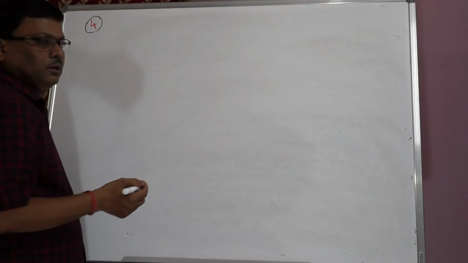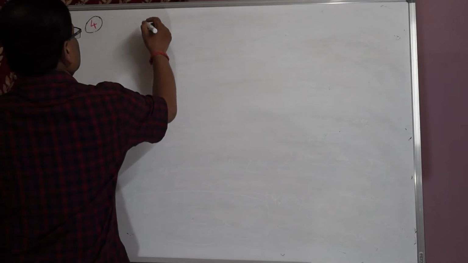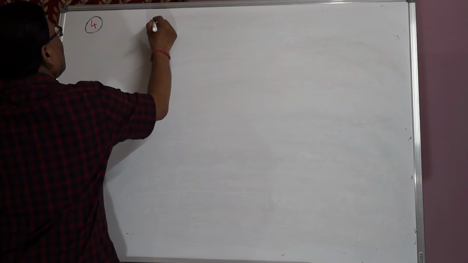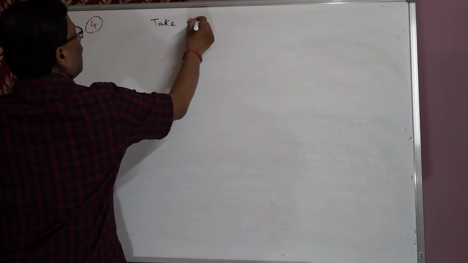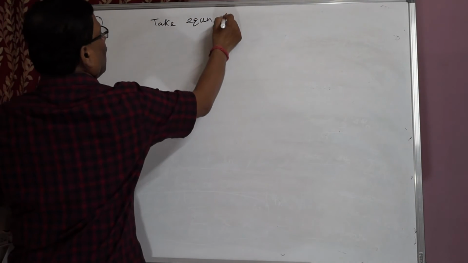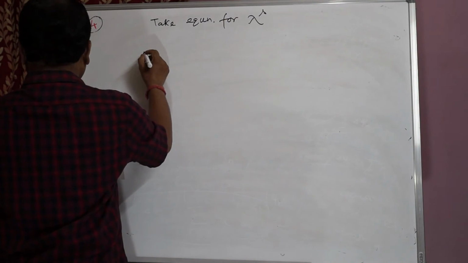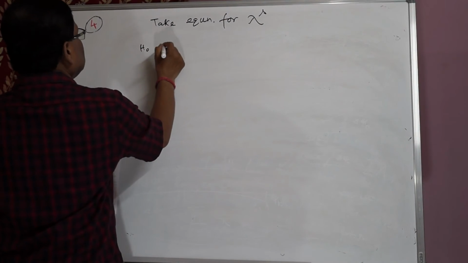Now we repeat the equations for lambda to the power s. So take lambda to the power s, then I can write again, repeat here, H0.